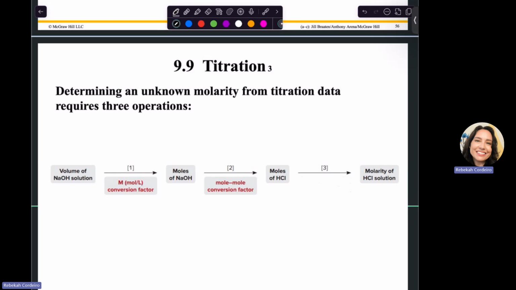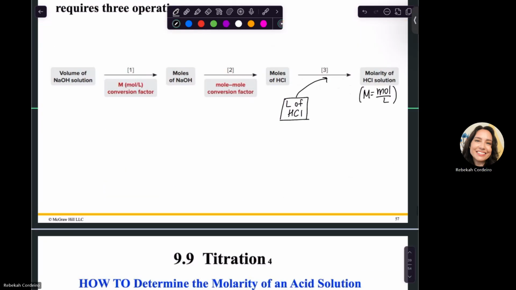So we're going to take the moles of our acid, and we'll add in the liters of HCl. And the molarity, remember, is the moles over liter. So we take the moles of our acid divided by liters of our acid to get our molarity. So really, it's all conversions you can do. It's just different orders of solving problems and different orders of conversions in algebra.